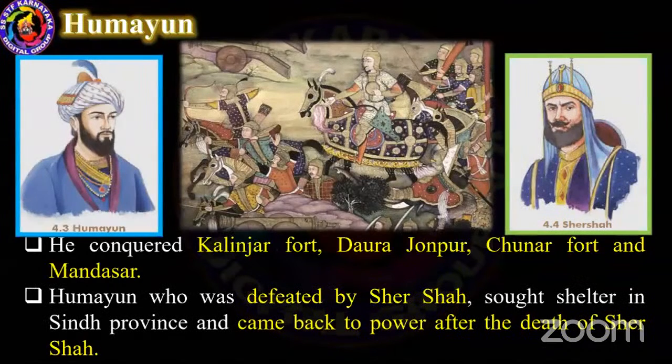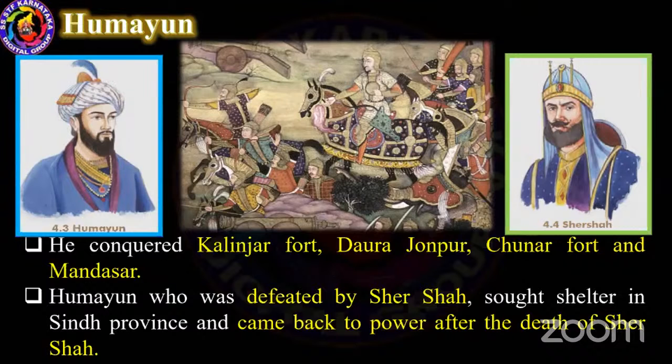Humayun, who was defeated by Sher Shah, sought shelter in the Sindh province and came back to power after the death of Sher Shah. In 1540, another ruler emerged in India: Sher Shah Suri, a ruler of the Suri dynasty.